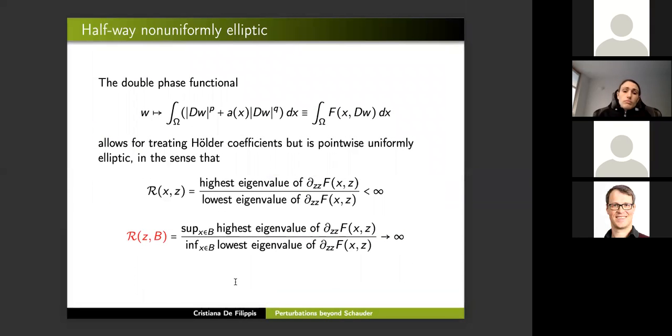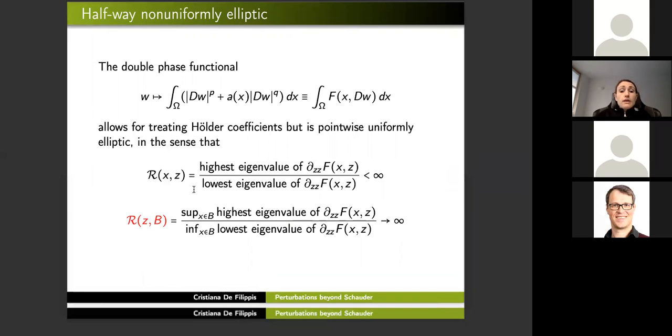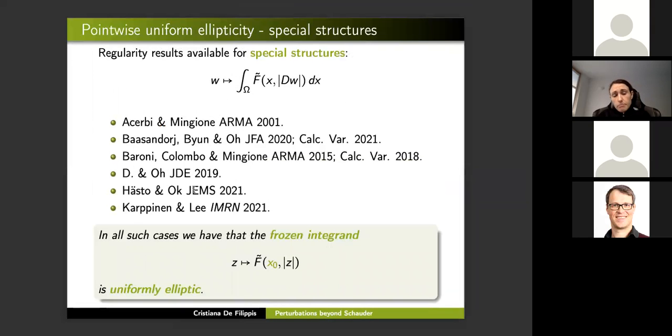Okay, now the double phase functional is pointwise uniformly elliptic, but has a pathological behavior in the non-local ellipticity ratio. This can be generalized to more general structures, which attracted lots of attention recently.